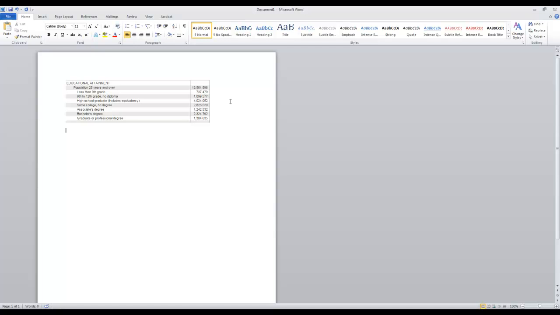And here are the parts: people that have less than 9th grade education, then 9th to 12th but no diploma, high school diploma or GED, 4 million, and so on. So all we need to do is take each of those respective parts and divide by the whole for each of them. That's all we want to do here.